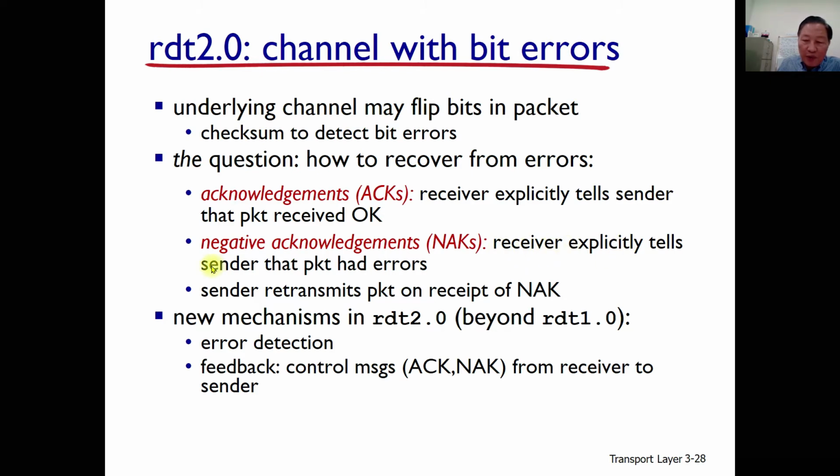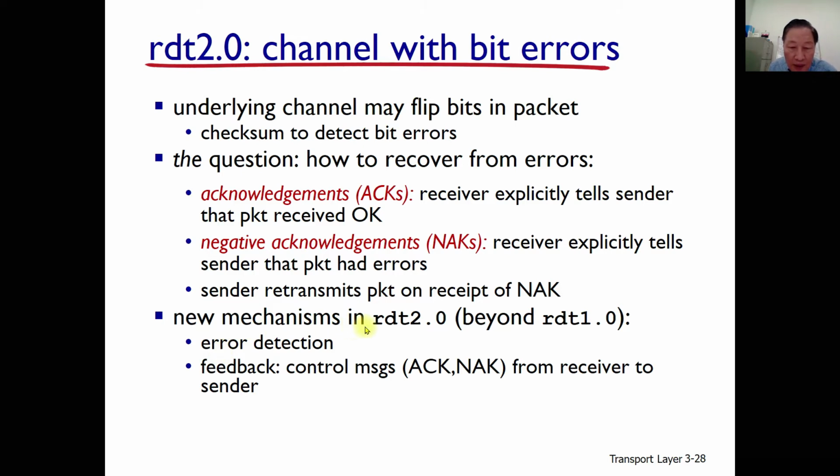The receiver explicitly tells the sender that the packet had errors or was lost, then the sender should retransmit upon receipt of a negative acknowledgement to solve that error situation, because the transport layer is providing reliable data transfer. If we are using TCP, then that is providing that reliable data transfer.